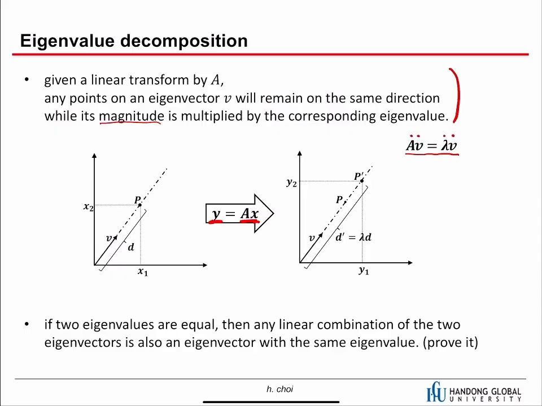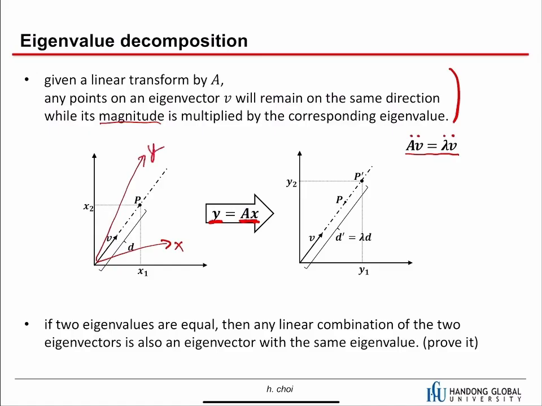For example, if A is a square matrix and we are in the same space, then when we apply the linear transformation A to X, let's say this is X, then by applying the transformation we might have Y around here.